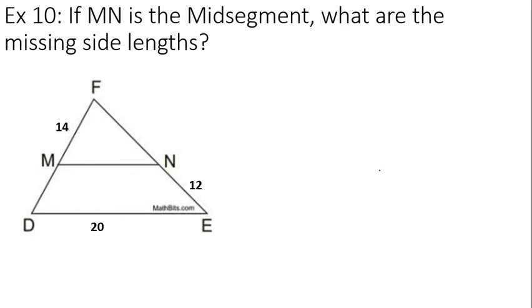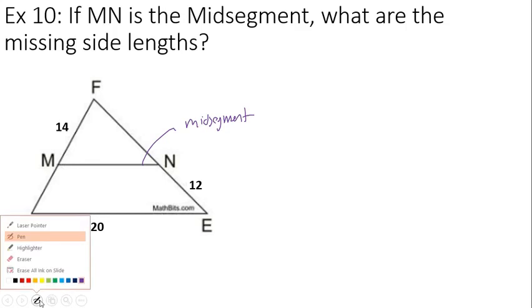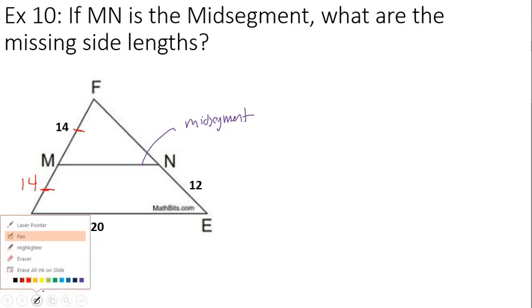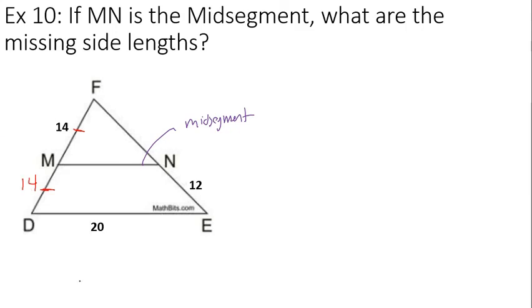Okay, and our last segment says if MN is the mid-segment. Again, that's the mid-segment. So what are the missing side lengths? Okay, so I know that these two are congruent. So this is 14. This is also 14. Also know that these two are congruent.